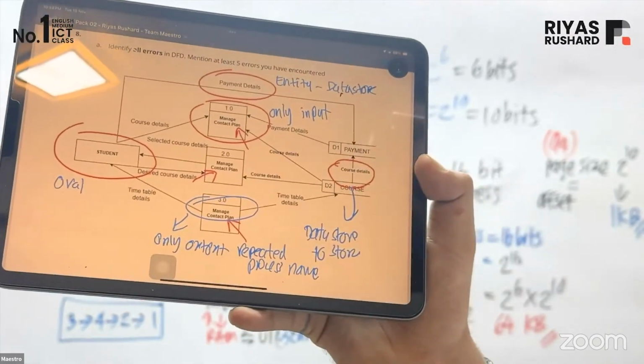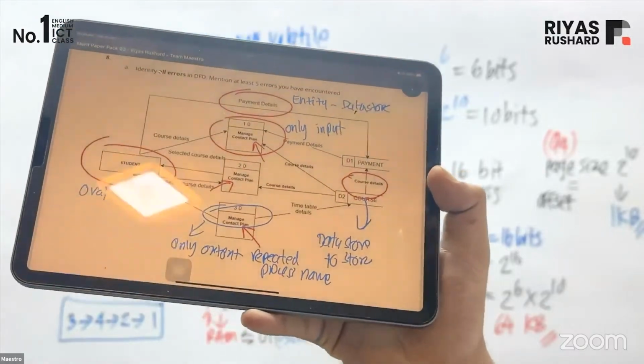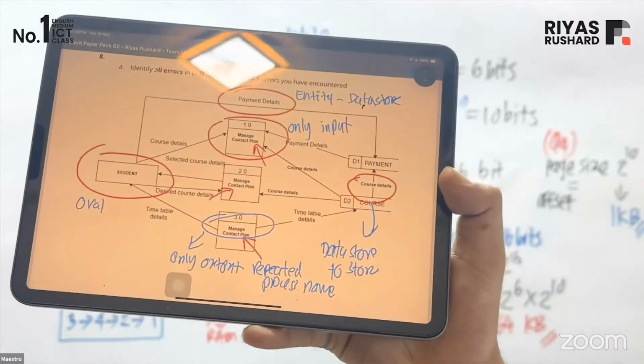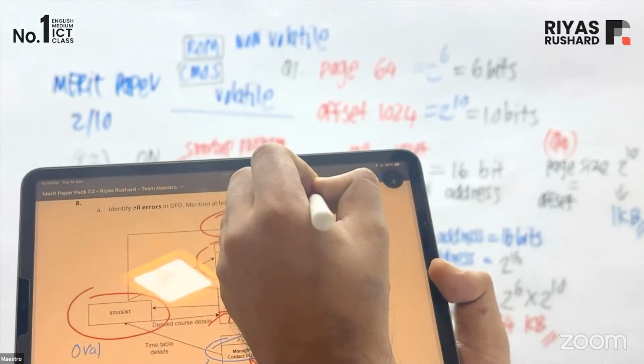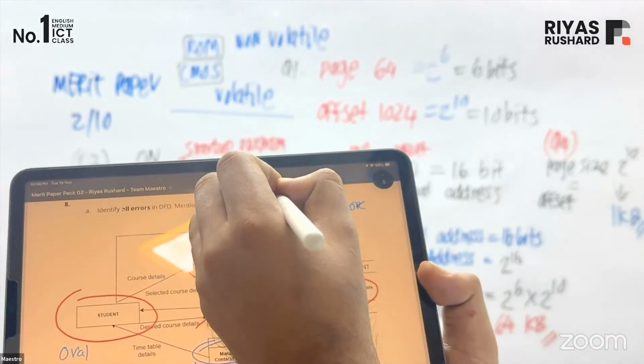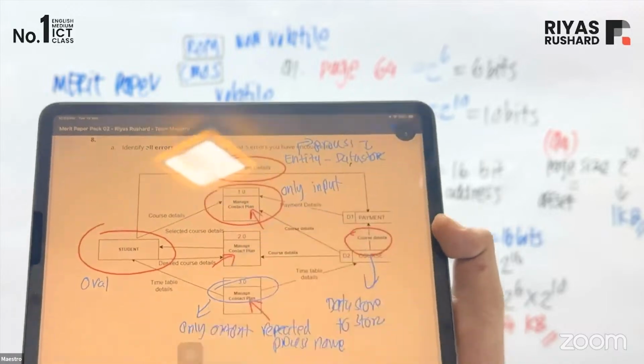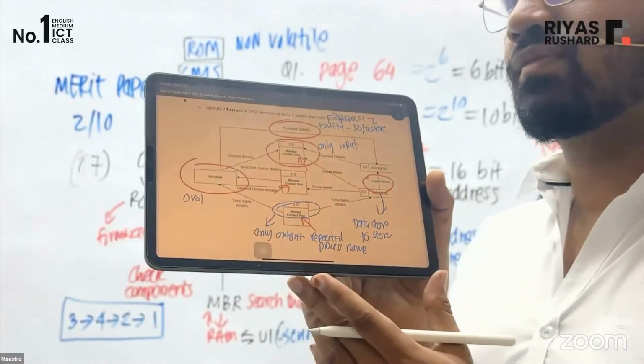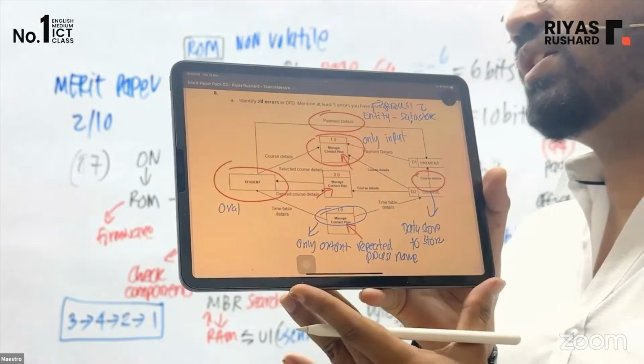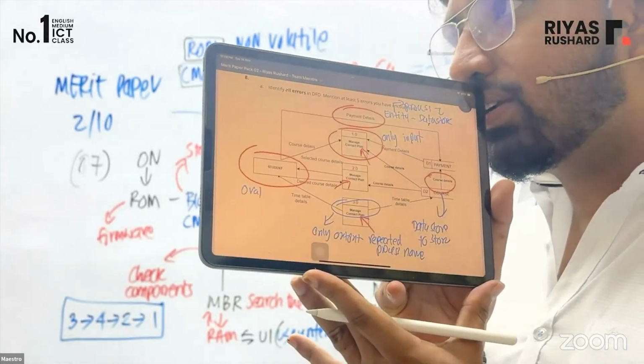You do have it. Anything else? Entity to data store should have been dotted lines. No, it should go through a process. It should go through entity to process and data. So from student entity one, they have used one, two errors.